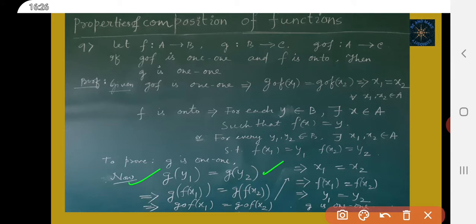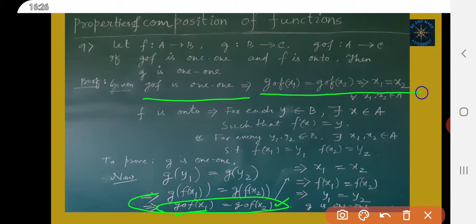And here you see y1 you can write f of x1, y2 you can write f of x2. And you can write this as per the definition, g∘f of x1, g∘f of x2. And this is given, g∘f is 1-1. So g∘f of x1 you can write x1, g∘f of x2 you can write x2.